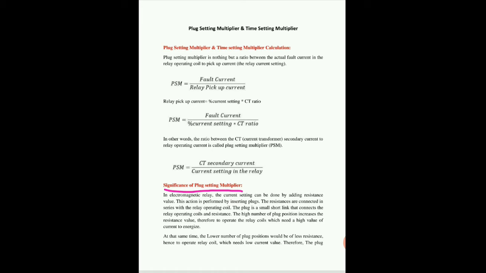Now, what is the significance of plug setting multiplier? There is a significance of PSM in power system protection. In an electromagnetic relay, the current setting can be done by adding resistance value.